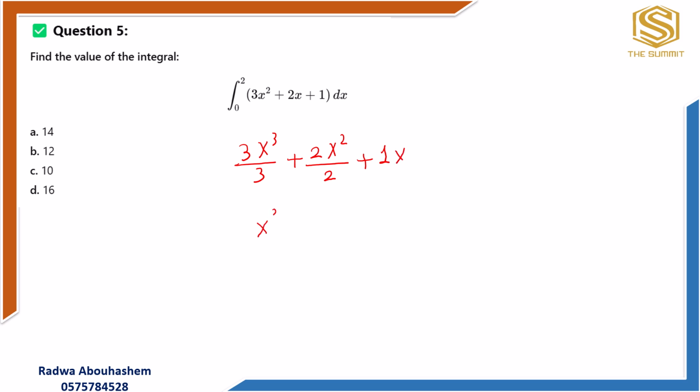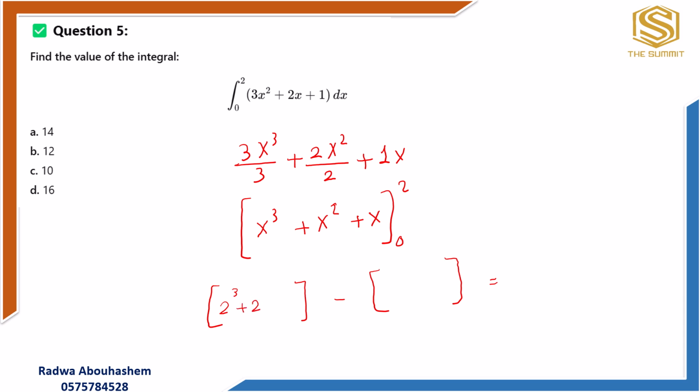It would be x power 3 plus x power 2 plus x. Now I have to evaluate it. So here I will just put the 2 once and the 0 once. It would be here 2 power 3 plus 2 power 2 plus 2.